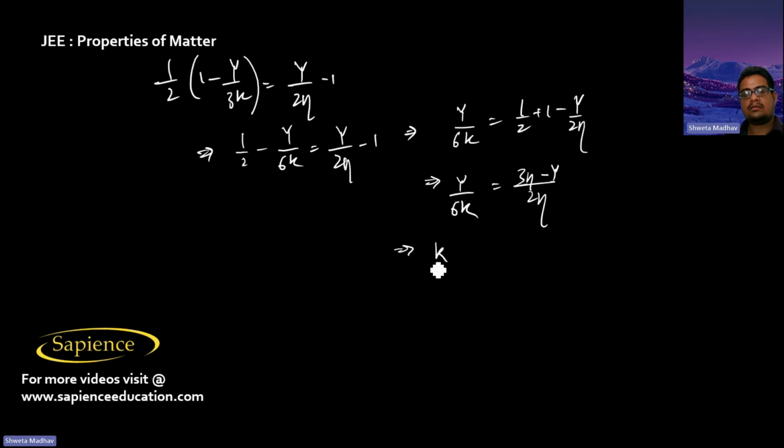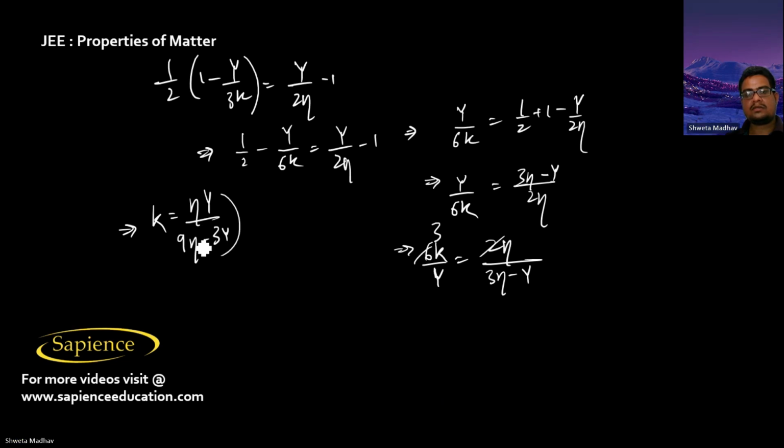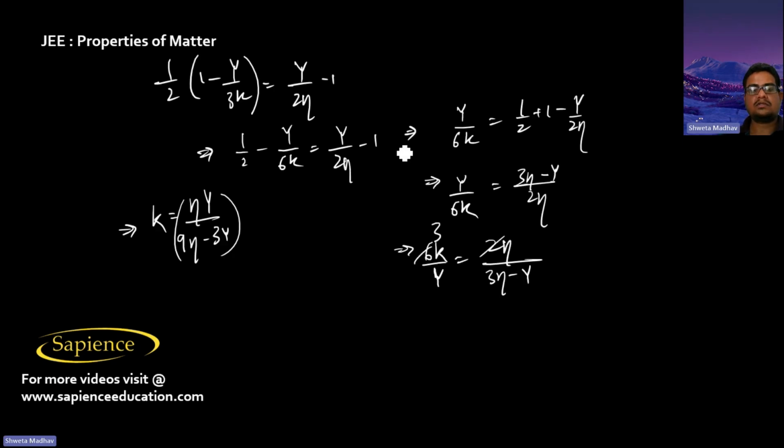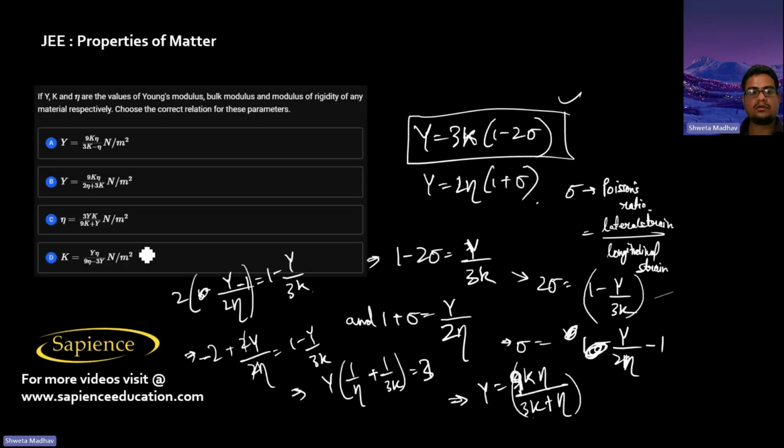Therefore, k will be equal to eta y by 9 eta minus 3y, in Newton per meter square. So obviously option B is the correct answer.